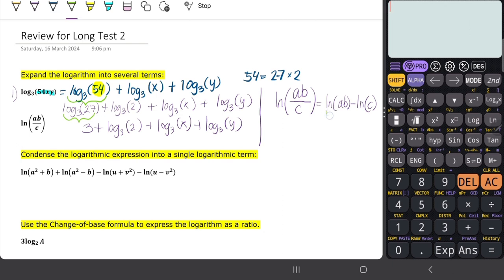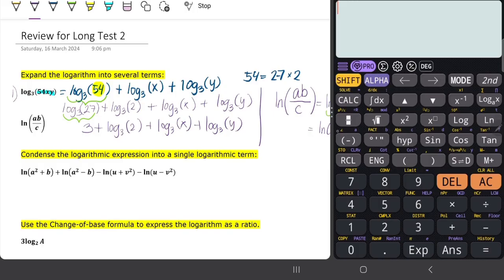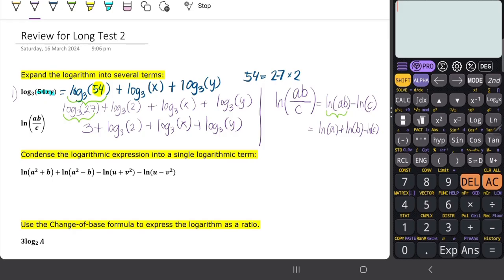Further, this one, ln of AB, by product rule, we can expand it into ln of A plus ln of B. Okay? So therefore, ln of AB all over C is equal to ln of A plus ln of B minus ln of C. Ayan.